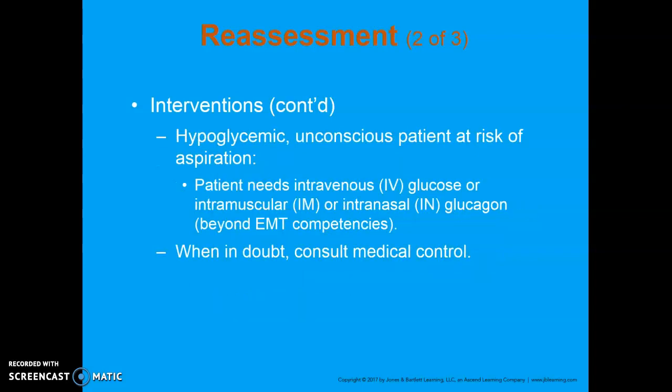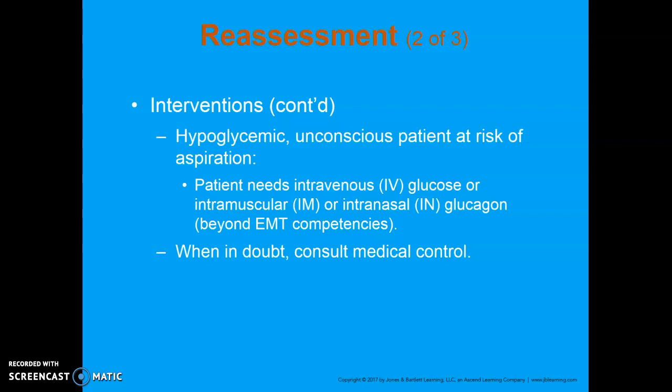If the patient is hypoglycemic and unconscious or is at a risk for aspiration, you're going to have to call ALS. That patient needs IV glucose or intranasal glucagon, which is well beyond your scope of practice.